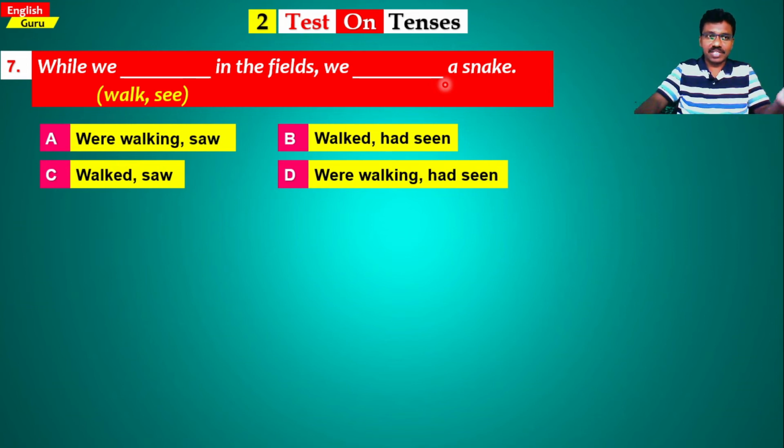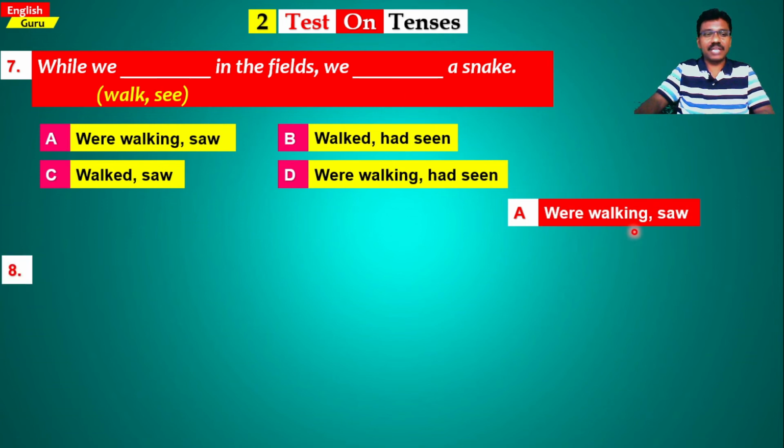If you see the explanation, while one activity was going on in the past, if some other activity occurs in between, the activity which was going on in the past should be written in past continuous tense, and whatever activity comes second should be written in simple past tense. Hence, while we were walking was the activity which was going on, and we saw a snake was the second activity. That's the reason it is written in simple past tense. So answer A, were walking, saw is the right answer.